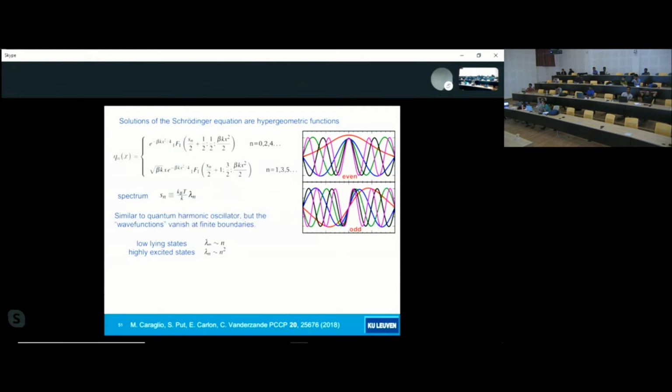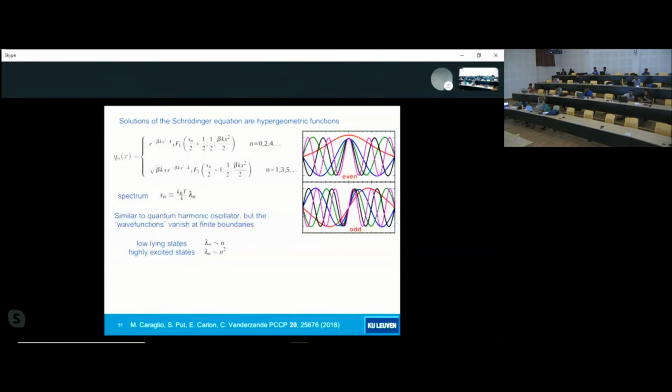So the low-lying excited states are almost like the harmonic oscillator. The spectrum scales like in the ordinary infinite harmonic oscillator, where the energy grows with the quantum number n. But the highly excited states scale as n squared, because when you go to high excited states, it is like you have a particle in a box.